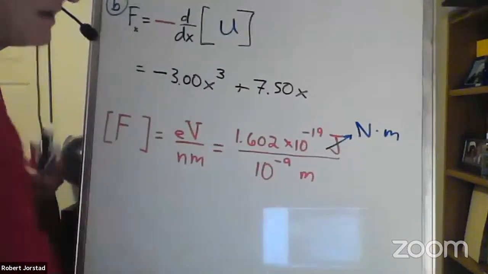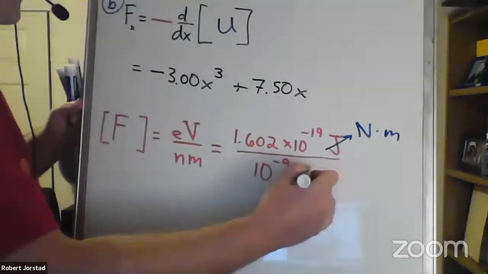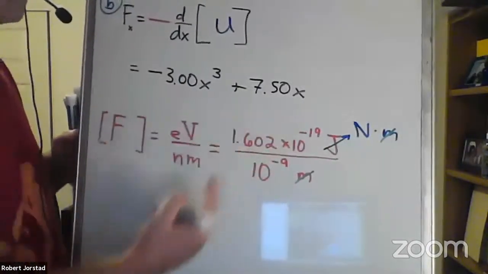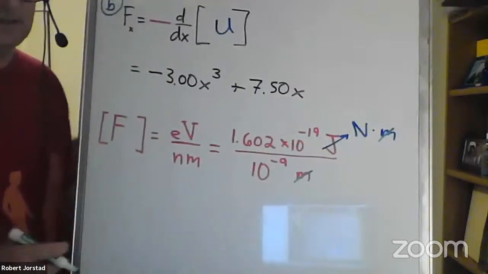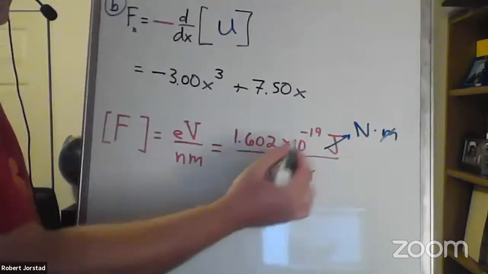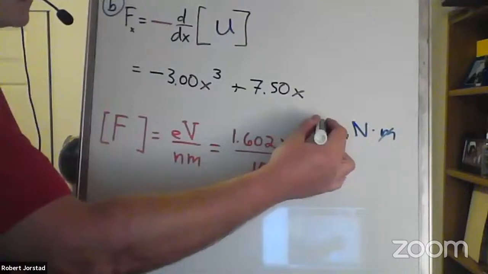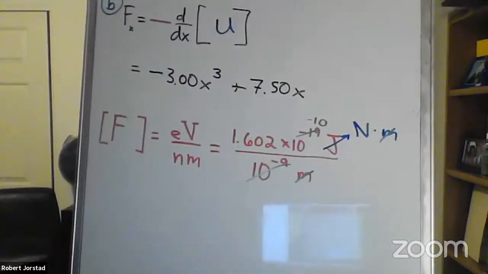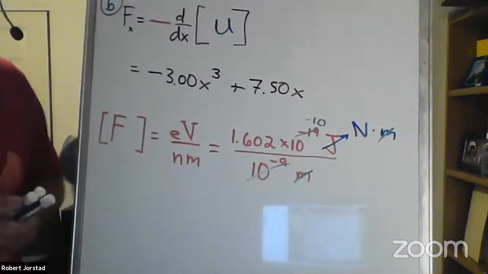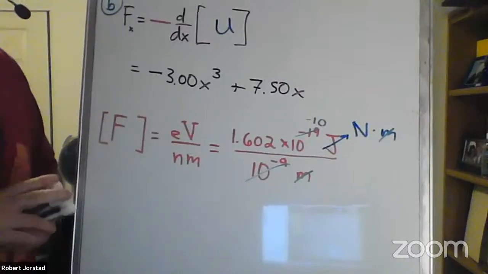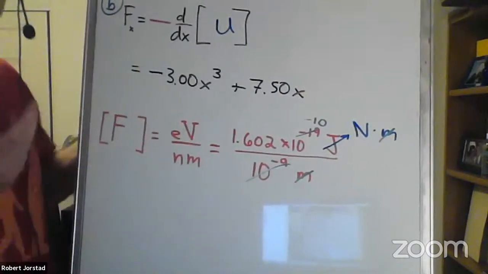The meters drop out. And so it's basically the same thing as Newtons with a multiplier of about 10 to the minus 10, because this 9 is going to cancel that and make this 10 to the negative 10. So about a 10 billionth of a Newton, something like that.